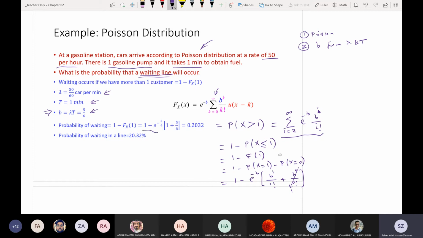This gives me the solution 0.2032, or 20%. So the probability in this gas station to have a waiting line is 1/5 of the time. If you always pass by it on your way home, about one in five times you will find somebody waiting, 20% of the time. This is the way we read the answer physically.